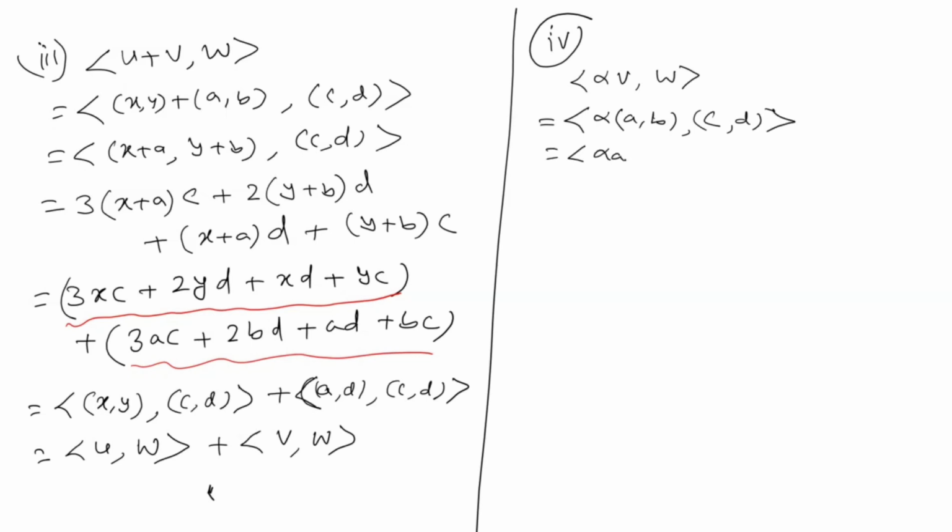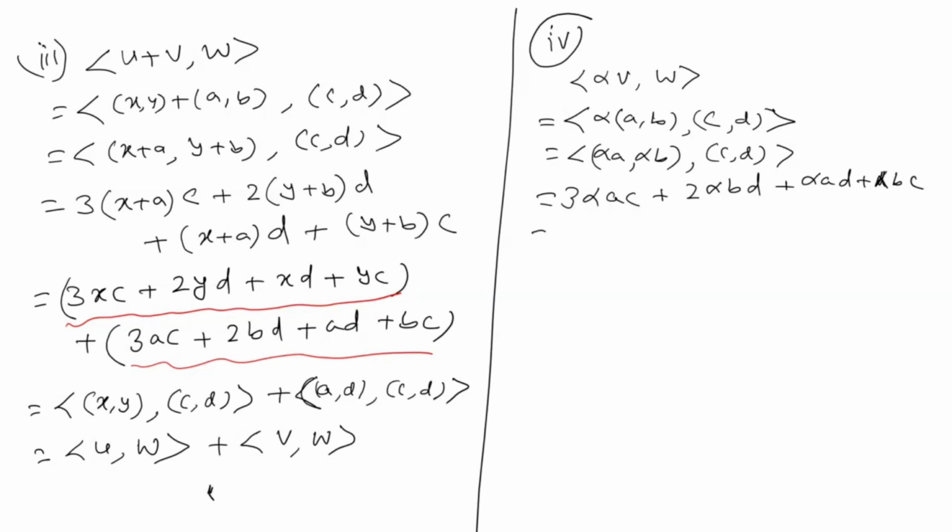So this is 3αac plus 2αbd plus αad plus αbc.